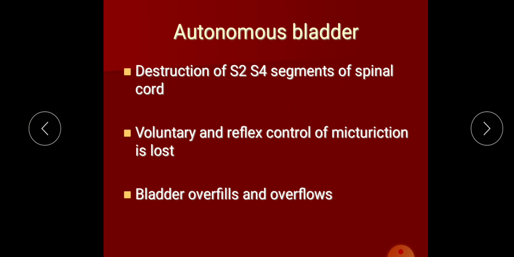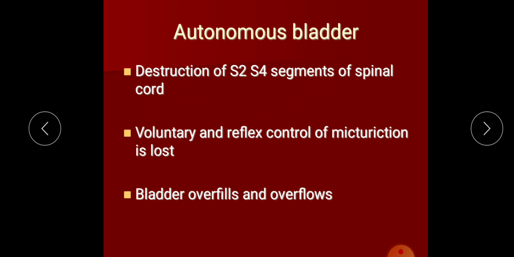Next is the autonomous bladder. If there is destruction of the spinal segments, that is S2 to S4 spinal segments of the spinal cord, then voluntary and reflex control of micturition will be lost, and the bladder overfills. First it fills, then overfills, and then starts overflowing.